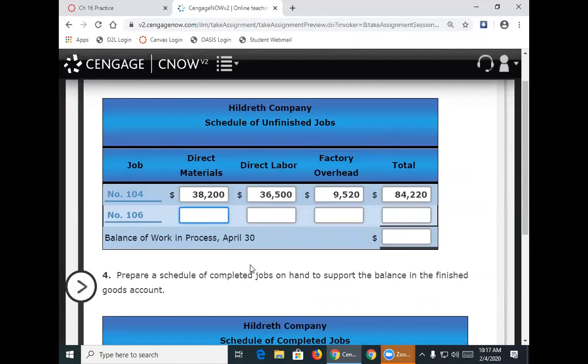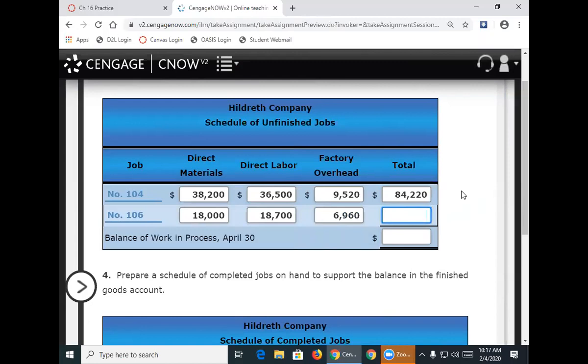And then 106. We had 18,000 in materials, direct labor was 18,700, and overhead was 6,960.